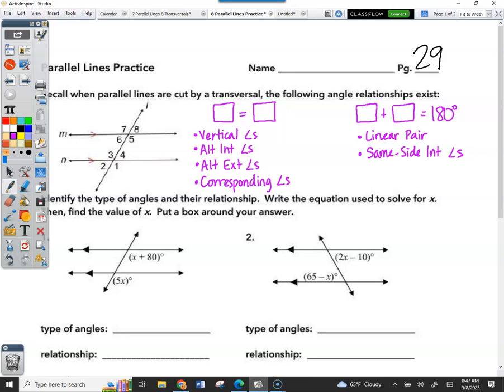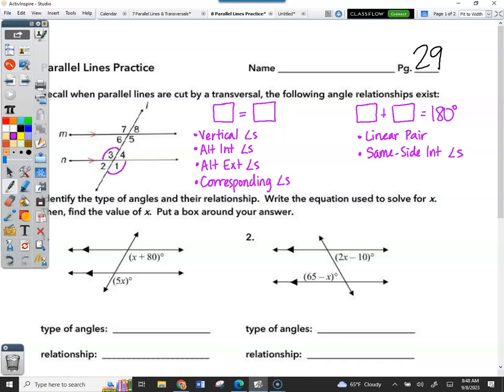Now, as far as the relationships within the angles, remember, if you know a single angle, you can find all of them, right? It's kind of a domino effect. So if I gave you angle 1, this is good practice for everyone. What angle is vertical to 1? 3. All right, listen carefully.